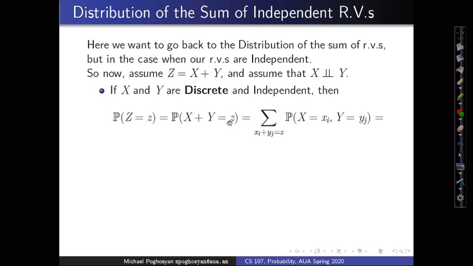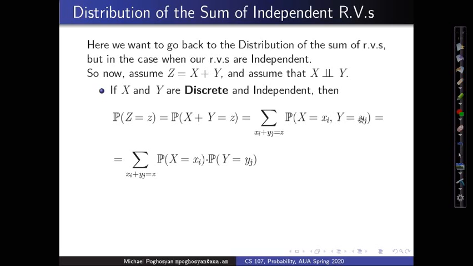And we need to consider all possible cases when x plus y is z. We need to consider all possible values for x, xi, possible values for y, yj. Take all those numbers that give exactly z, and for those cases add all probabilities.